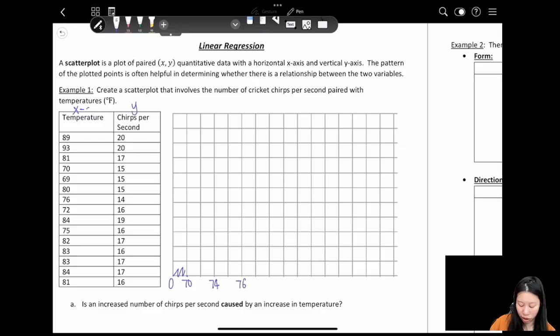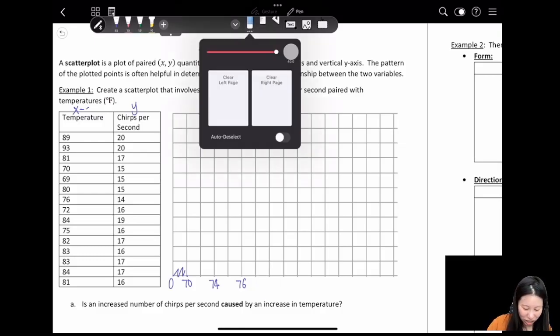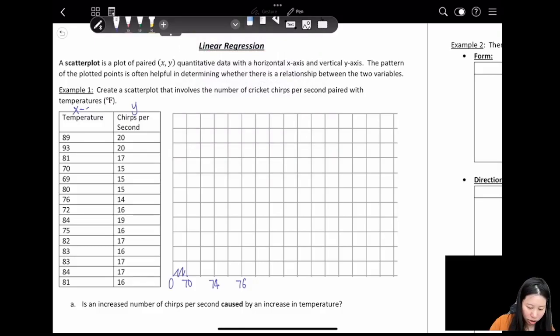76, 78. No, I'm sorry, it should be 80, right? Oh my god, mistake.